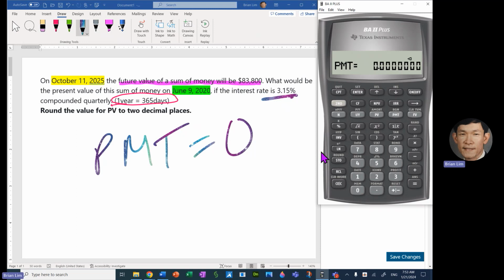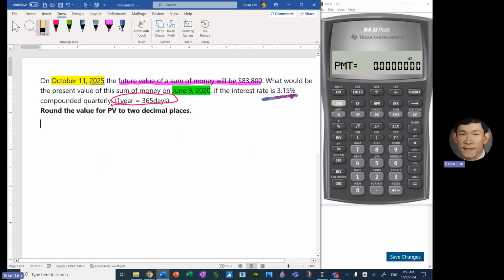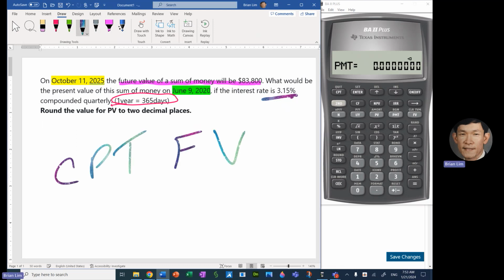Now I can compute. I will now proceed to compute the present value. Let's get that present value.